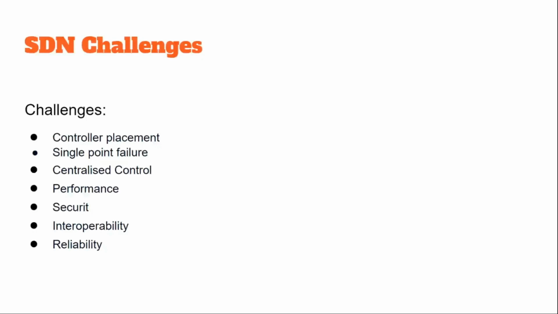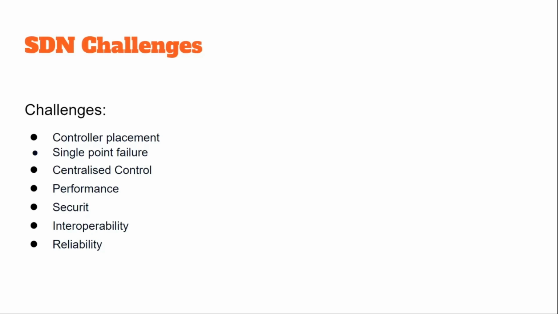Now, just as every coin has two sides, SDN also comes with its own challenges. One is the placement of the controller. Where to place the controller is a really crucial decision, because the controller is the core of the network. Then we have the single point of failure: if the controller is dead, the entire network is dead, because we don't have any other intelligence to support the network.